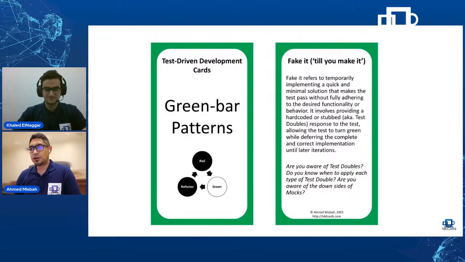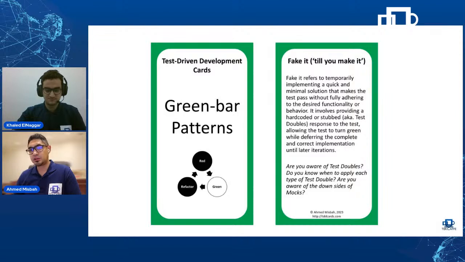The reason is that in the green phase, they start implementing the actual code with the final design, and this is not actually what the green bar is all about. So in the green bar, there are a number of patterns which allow you to write just enough code to see the test pass. And once you see that test go green, you then move to the next phase, and that is the refactor phase.